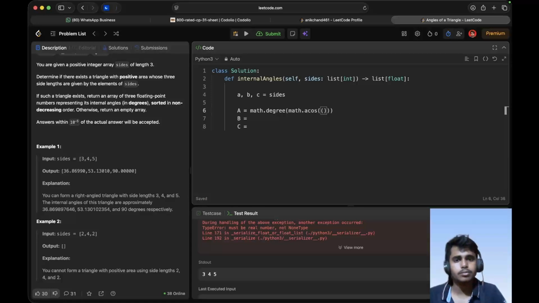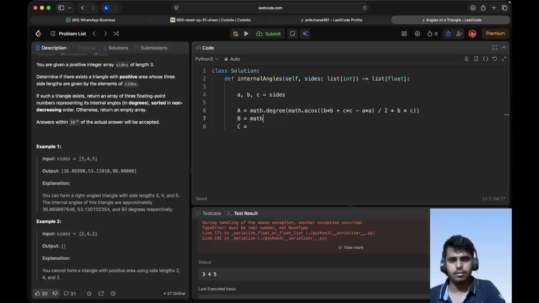And what I have to find for A is b square plus c square minus a square, divided by 2 into b into c.